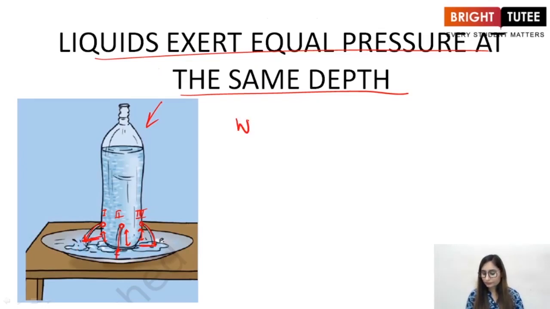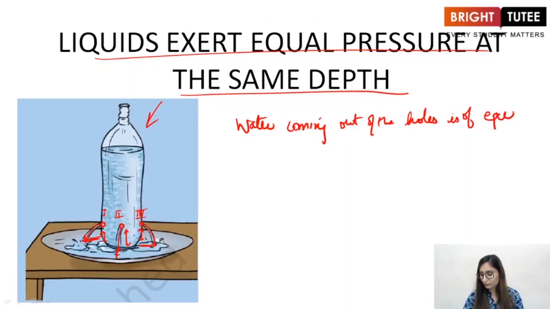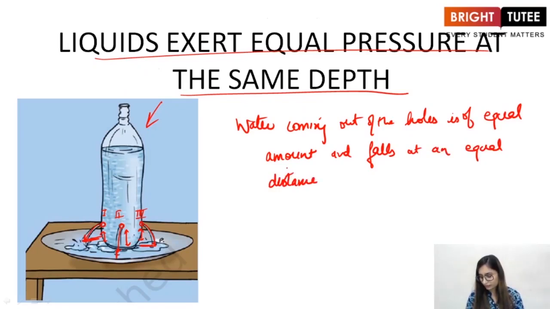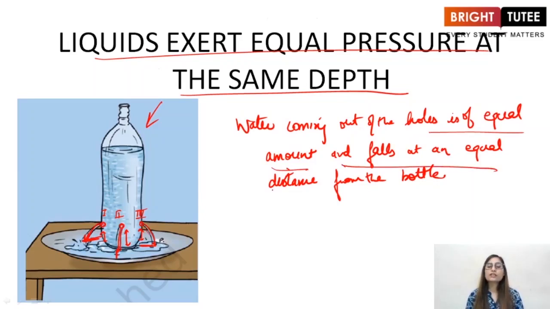The water coming out of all the holes is of equal amount and falls at an equal distance from the bottle.